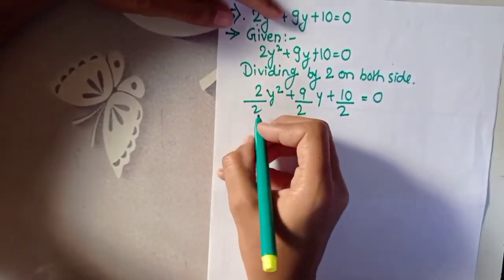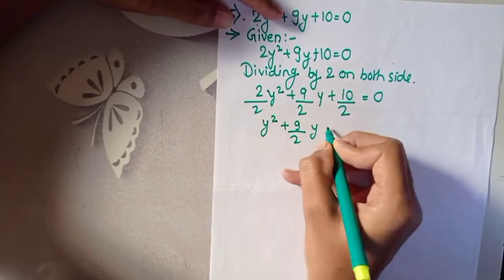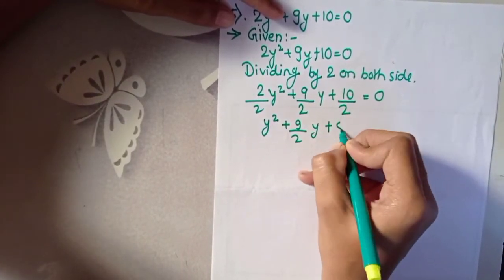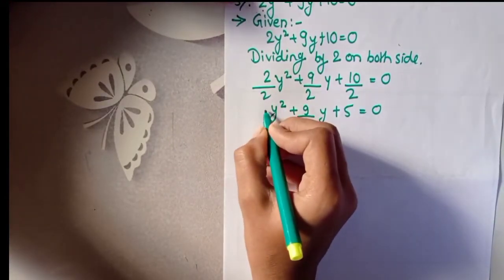The 2 will get cancelled. y square plus 9 by 2 y plus 5 is equal to 0. Here we got the coefficient of y square as 1.